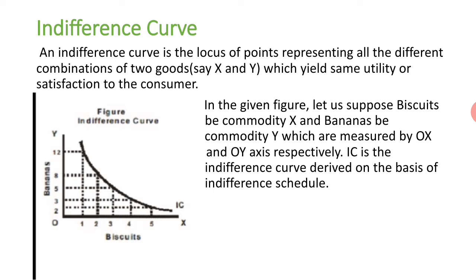So while talking about the figure, let us suppose that biscuits represent commodity X, or good X, and bananas represent commodity Y or good Y, which are measured by OX representing the x-axis and OY representing the y-axis.